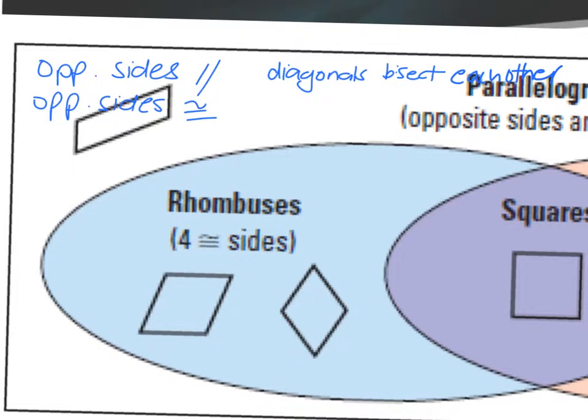And the last one. That's proving it's a parallelogram, right? So we want to go the other way around. If it is a parallelogram, there's one more property that we should know.